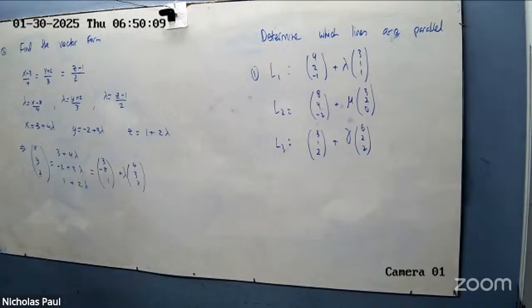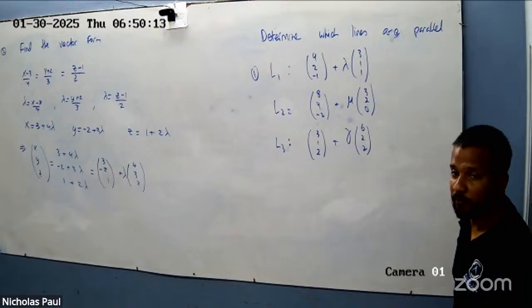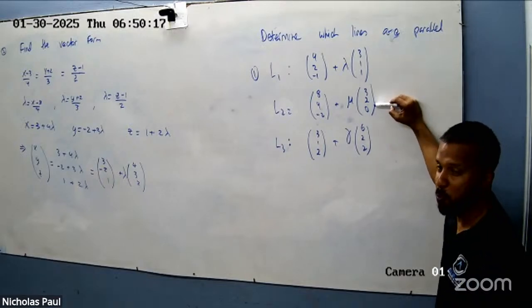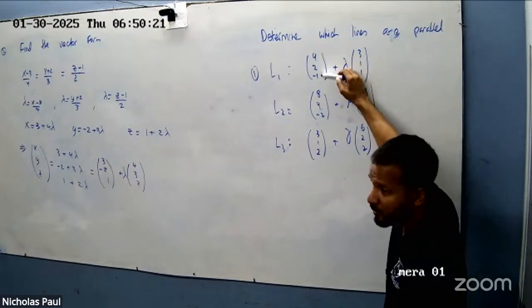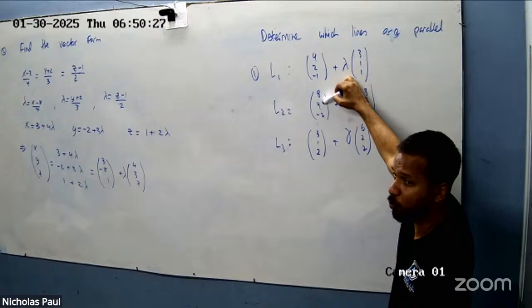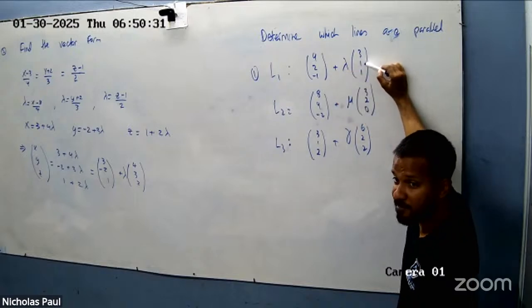What do you all think? One and two parallel, but why? Why didn't you say two and three? Because there's a multiple of this, but any other point on the line? So this doesn't give direction. What gives direction? One and three. This gives direction.